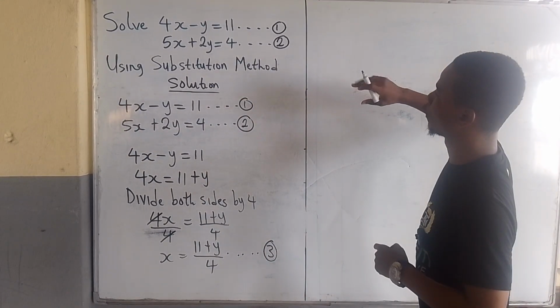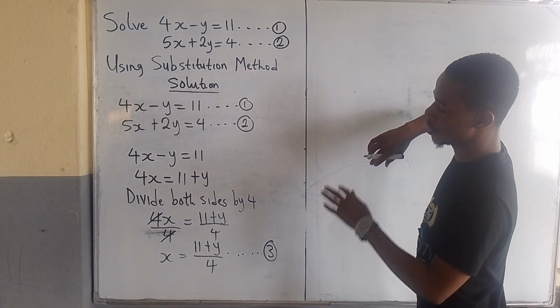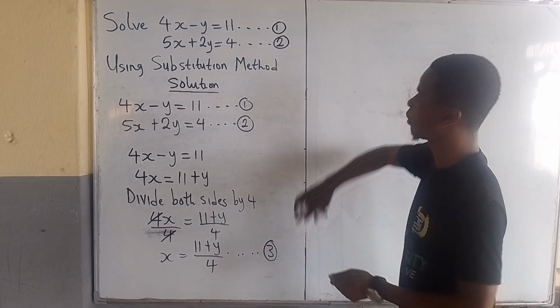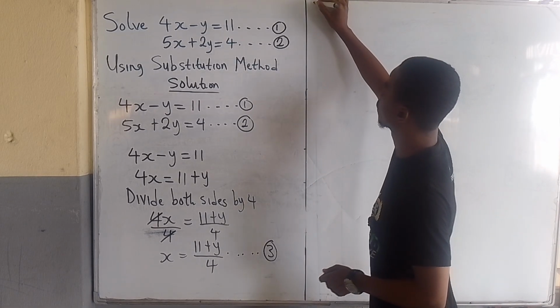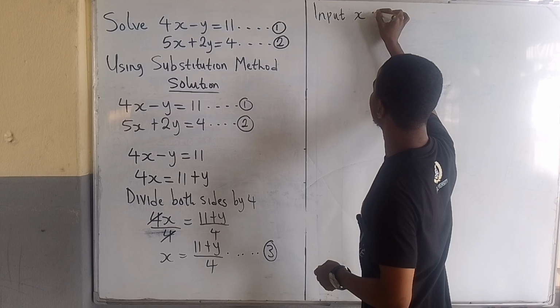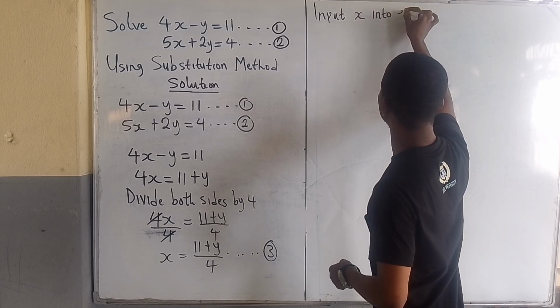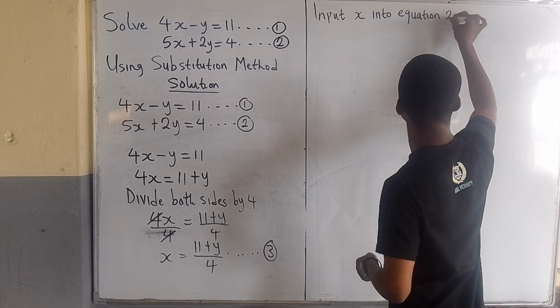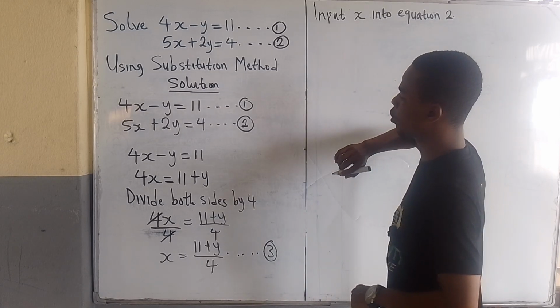Now that we've gotten the value of x as 11 plus y all over 4, we can substitute this value of x into equation 2. Now what is our equation 2?